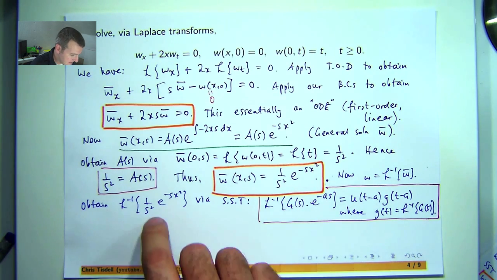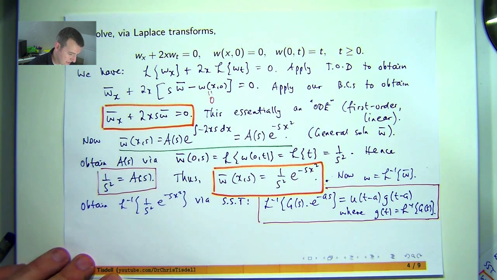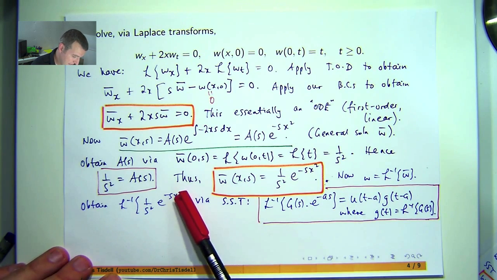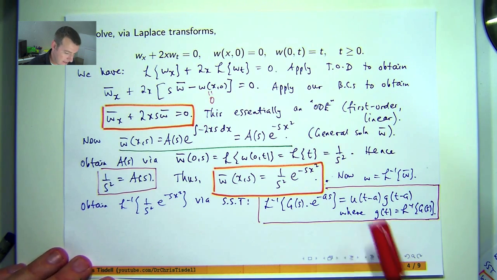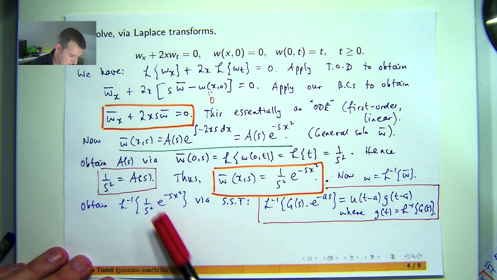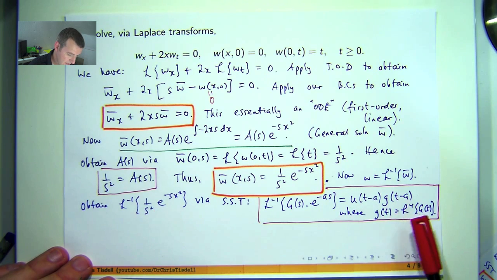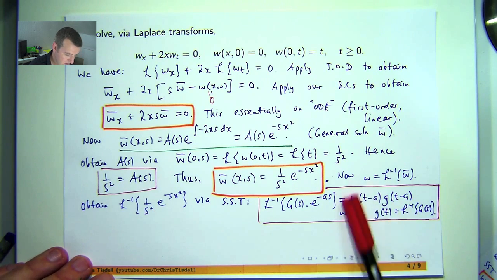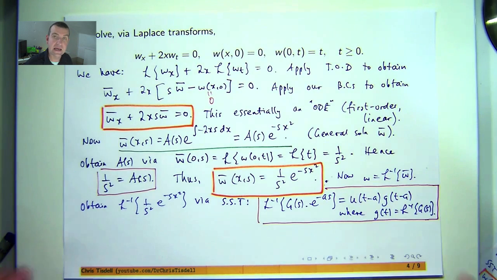Okay, so for this, g of s would be 1 on s squared, a would be x squared, and essentially what you want to do is compute the inverse transform of 1 on s squared, shift it, and then multiply through by this Heaviside step function. Okay, so let me show you how to do that.